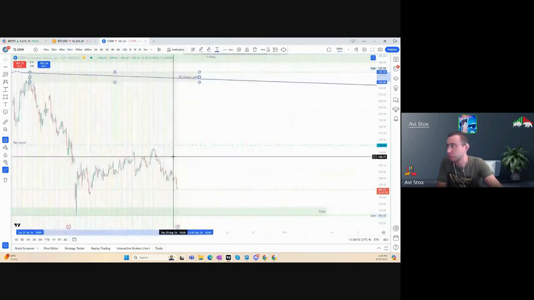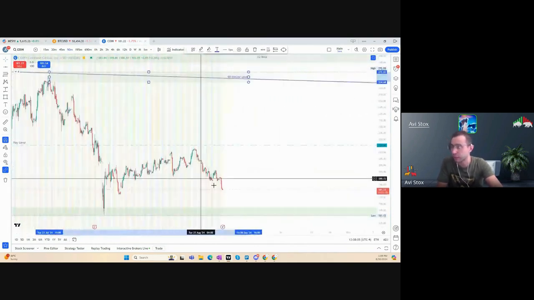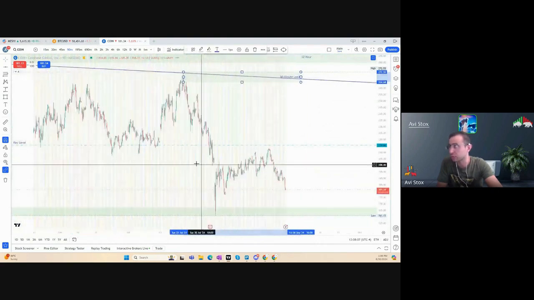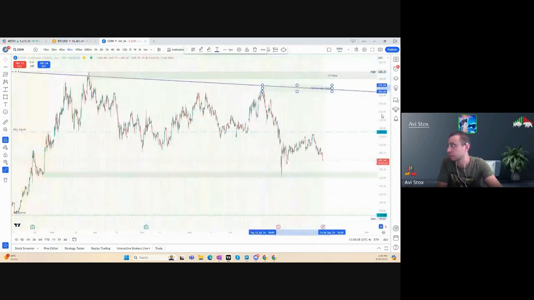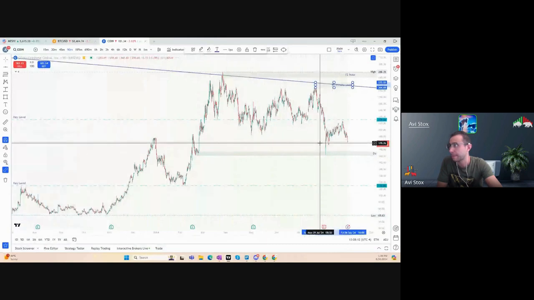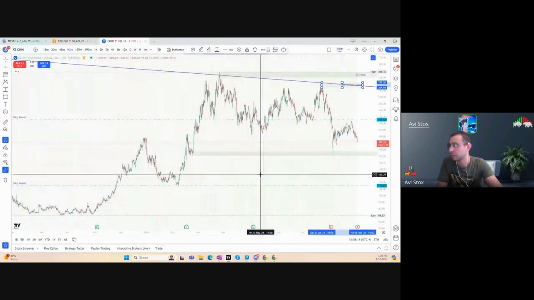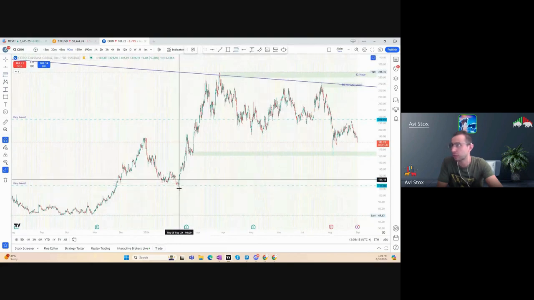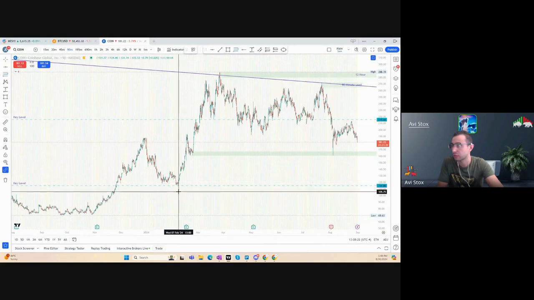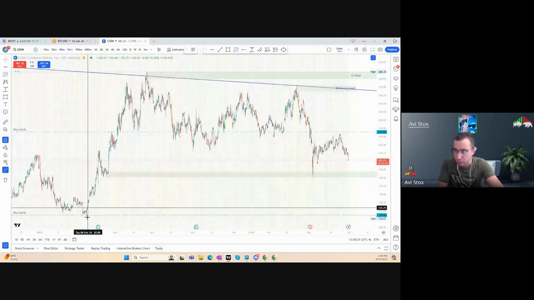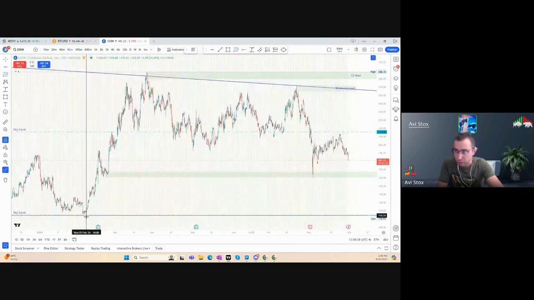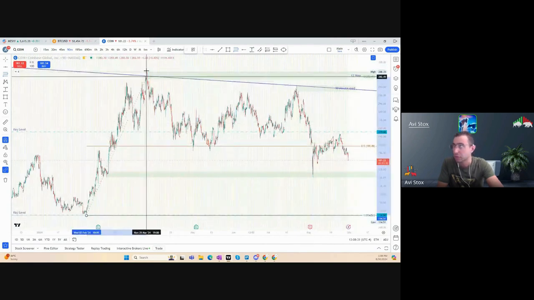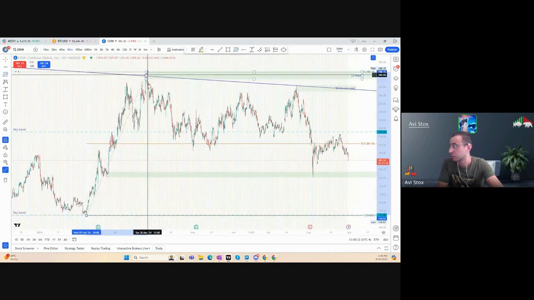Okay, so I want to see what else we're looking at here. What we can look at, we can also look at a VWAP from the 50% Fibonacci, from here to here.